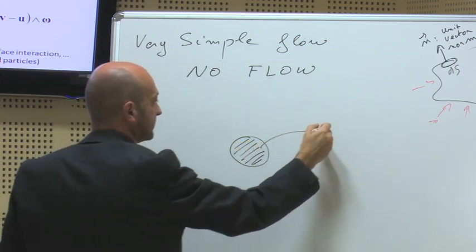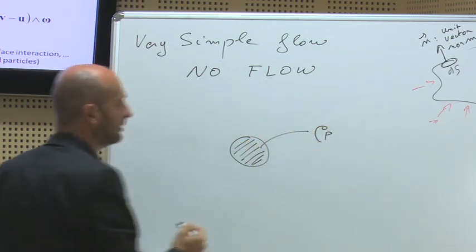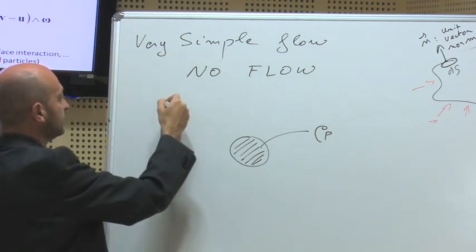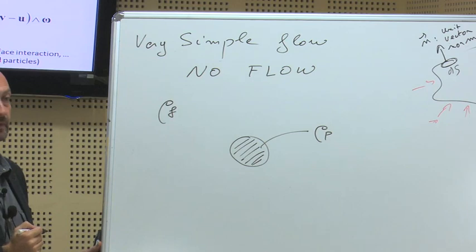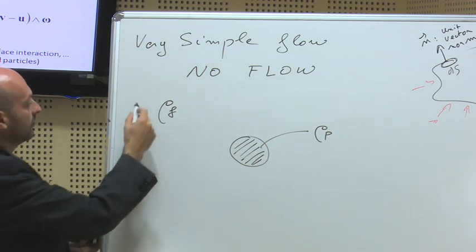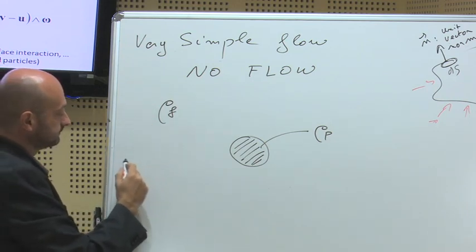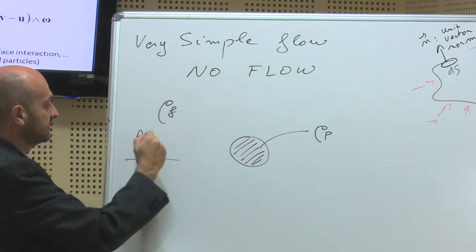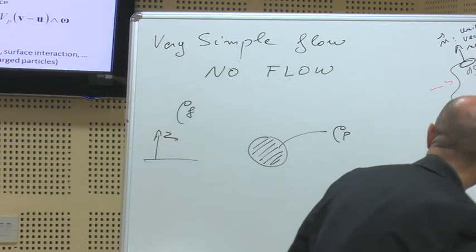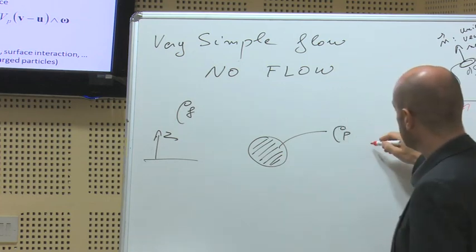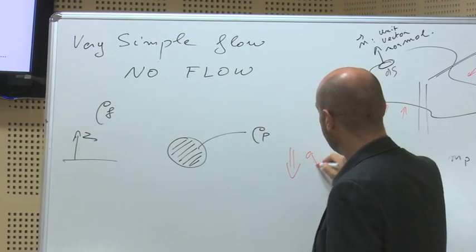The density of that particle is rho p, like rho particle, which is sitting in a fluid of density rho f. Okay? So you know that, let's say this is z, and then you have gravity, which is acting on the system.